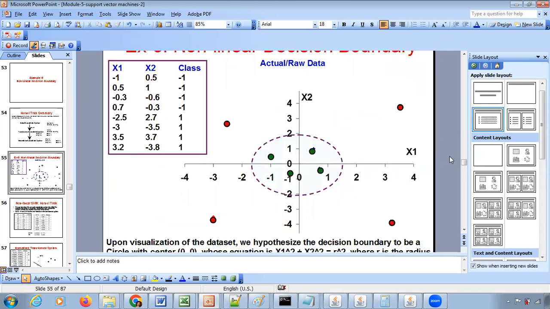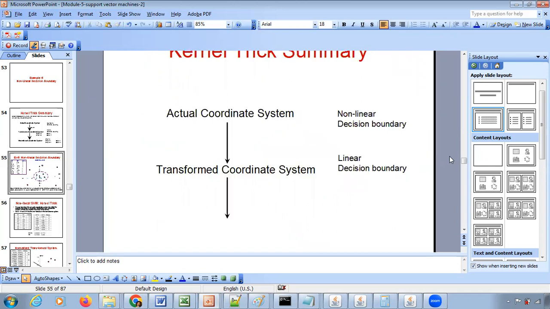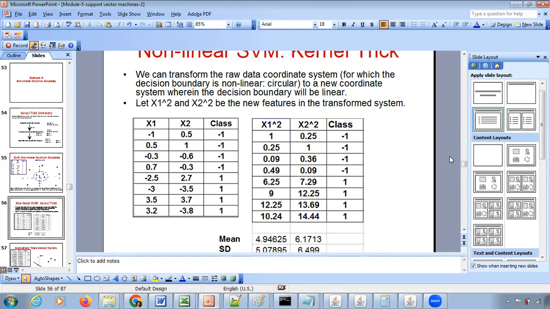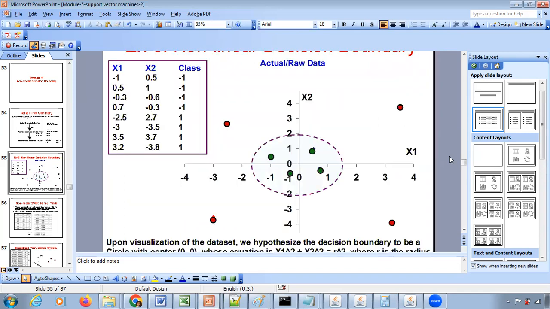Typically, the kernel function we use is a polynomial kernel function. A polynomial means things like x square, x cube. If you have x1, x2, you can do x1 square, x2 square. Also, you can try x1 x2. It depends on the shape of the nonlinear decision boundary that we're visualizing.